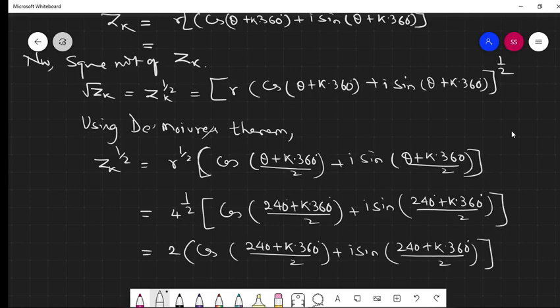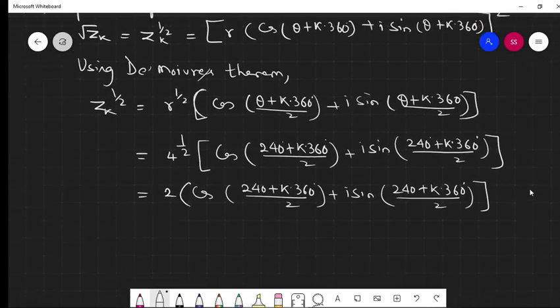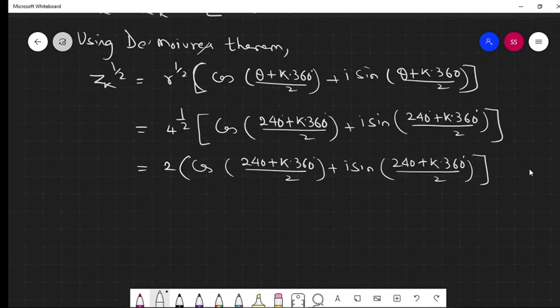Now after finding this, for the square root, put k equal 0 and 1.